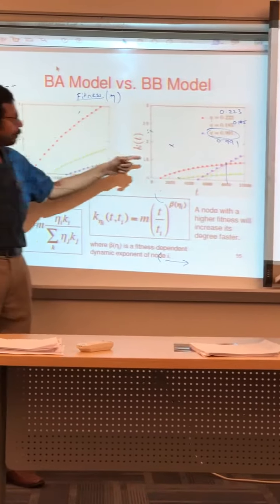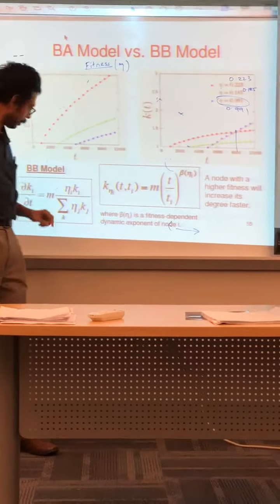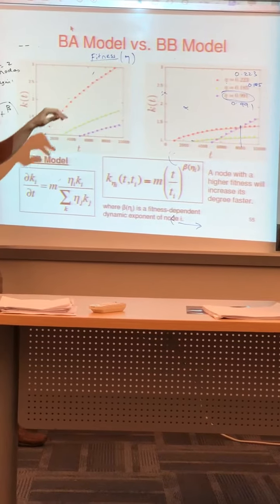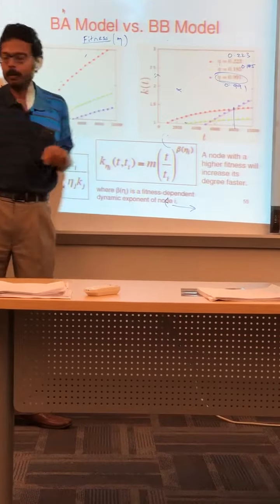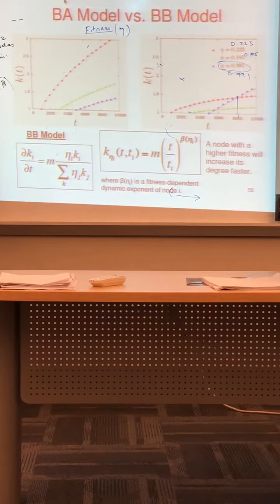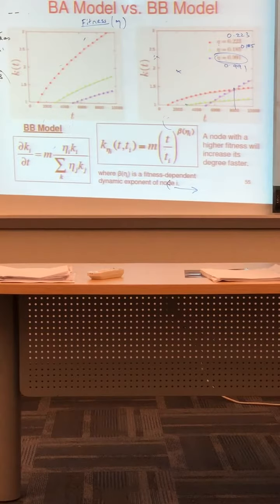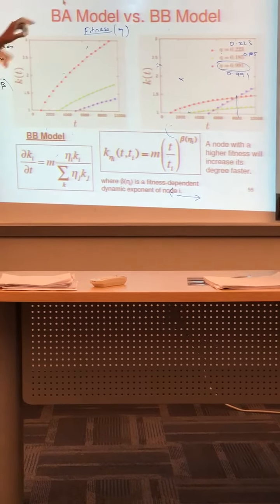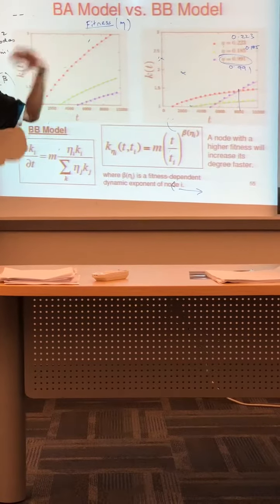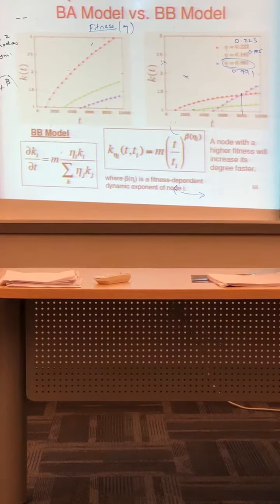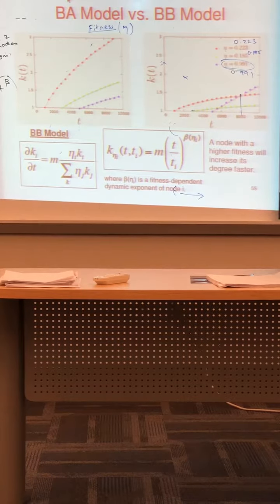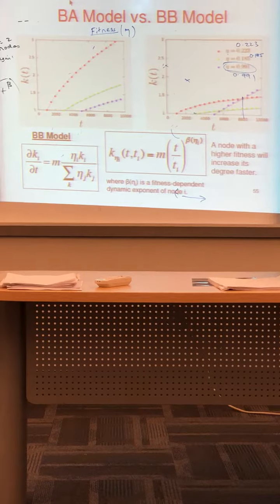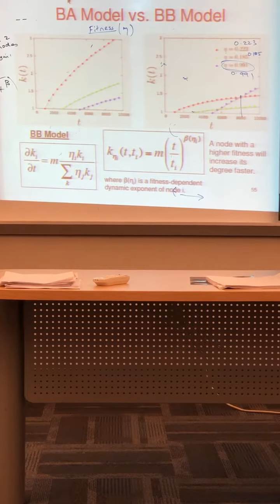This is called the Barabasi-Bianconi model, the BB model. The BB model is closer to reality compared to the BA model. It's built on top of the BA model, and it takes into account the fitness, something unique for each node.